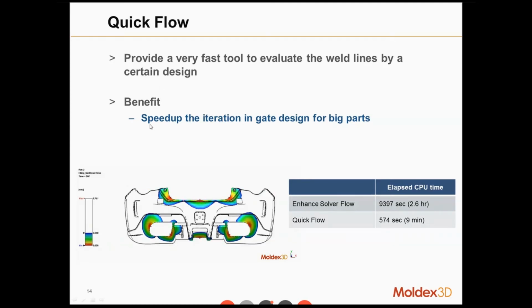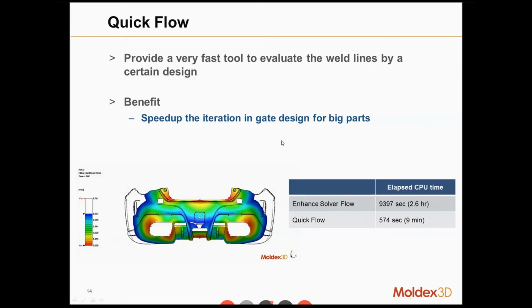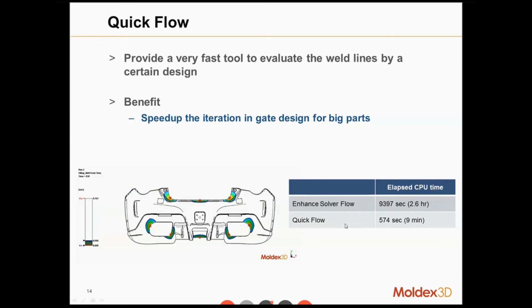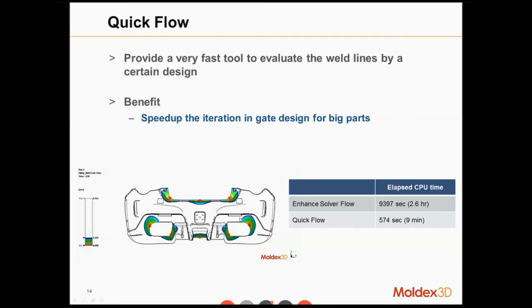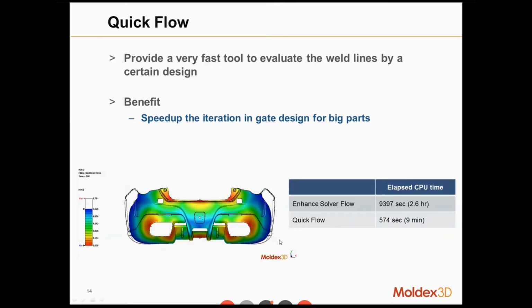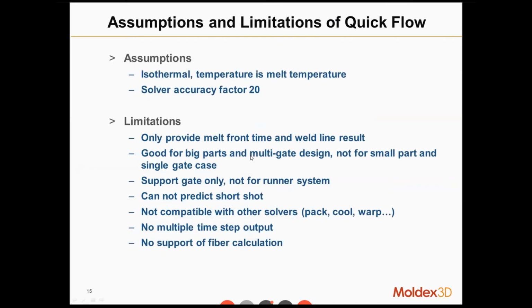So that's why we provide the quick flow to help us speed up the iteration in a short period of time. We can see that if we use the standard flow in this car bumper case, it took us around 2.6 hours. But if we choose the quick flow, it only took us around 9 minutes. So it means that we can do many iterations in a very short period of time.